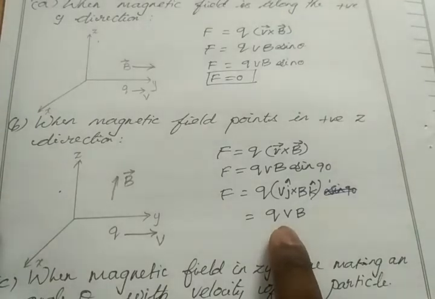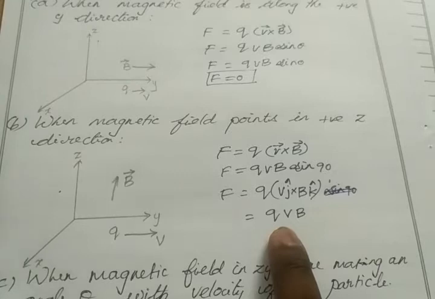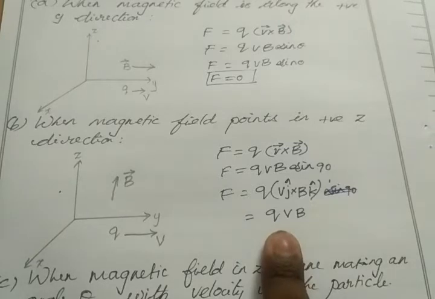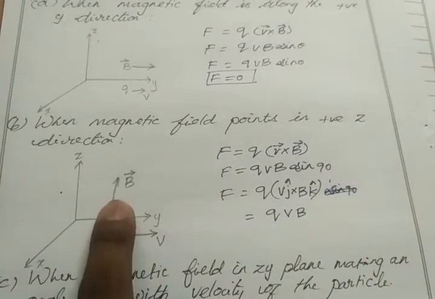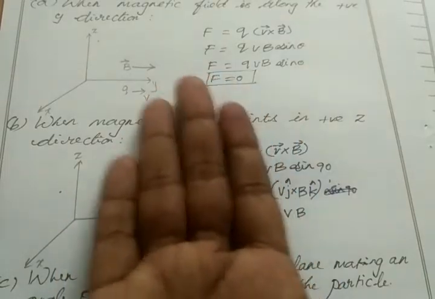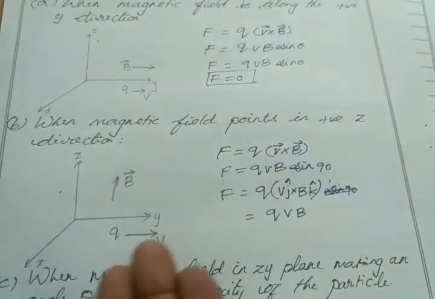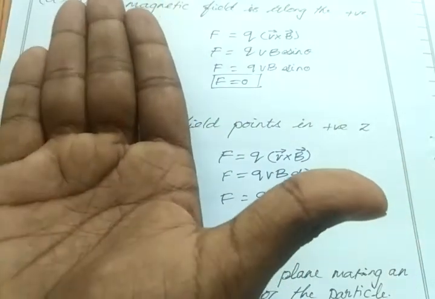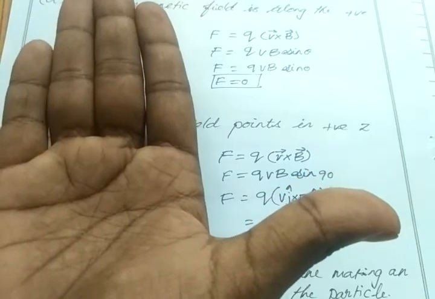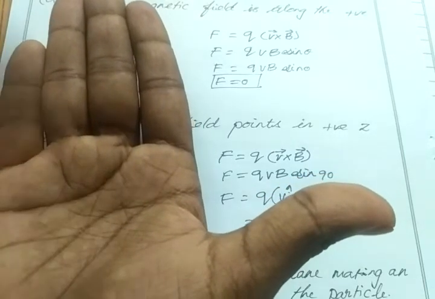What is the direction of Lorentz force? So use any rules, right hand palm rule or Fleming's left hand rule. Okay. So if you use right hand palm rule, see my four fingers in the direction of magnetic field, thumb in the direction of motion of charge. My palm shows the direction of magnetic force.